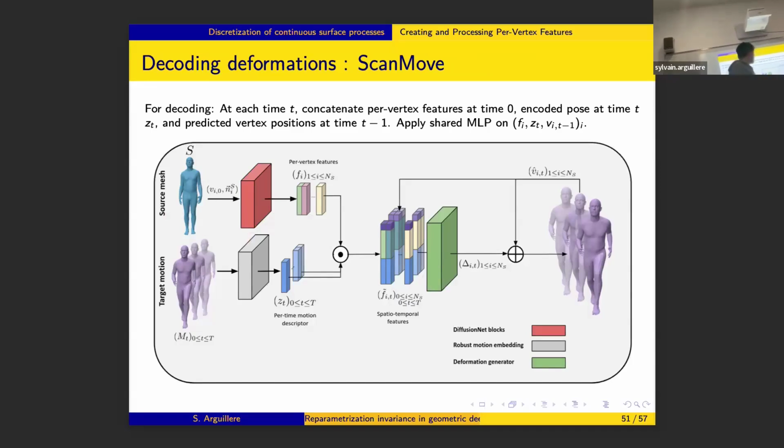Once you have all of your sequences of latent codes, at each point of the surface you apply the same MLP, and that gives you a deformation vector, and you apply the deformation to the previous step of the sequence of meshes that you obtain.